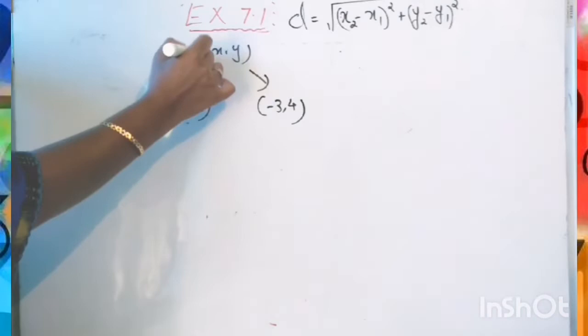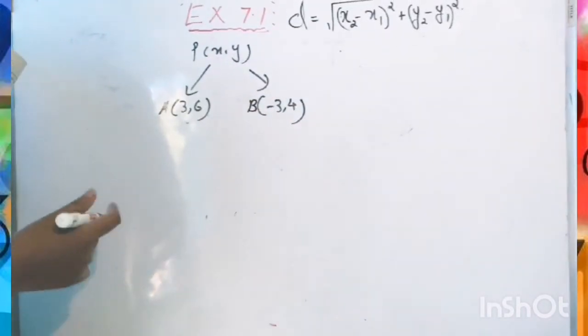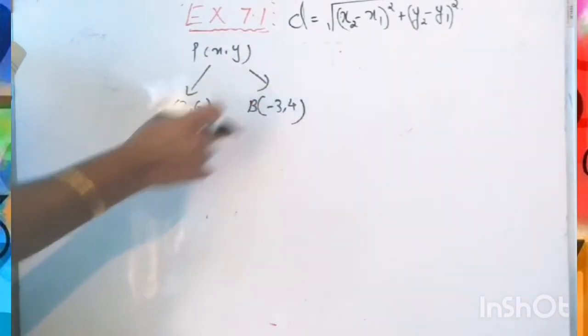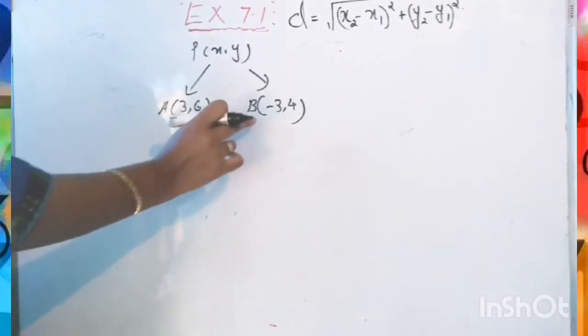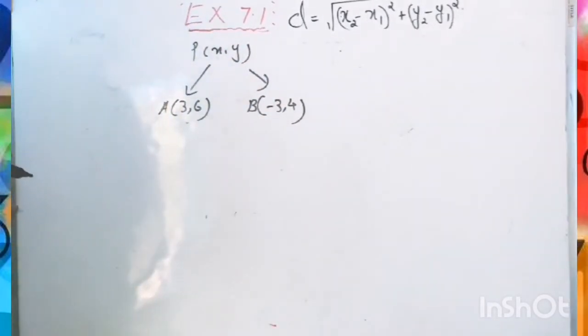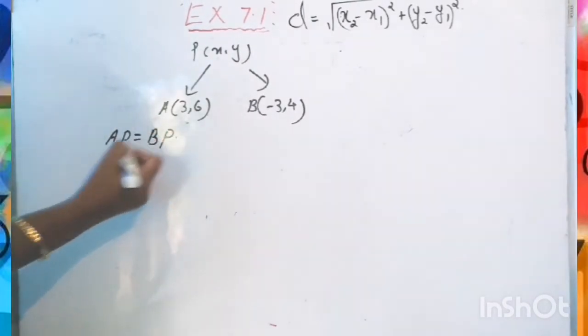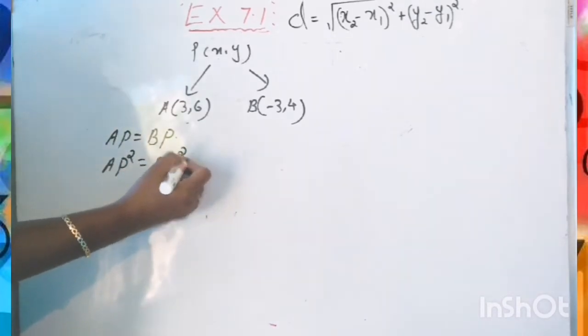Okay, let it be P. This one is A and this one is B. So P is equidistant from A and B. That means the distance from A to P is equal to the distance from B to P, that is AP is equal to BP. Now take square on both sides. AP square is equal to BP square.